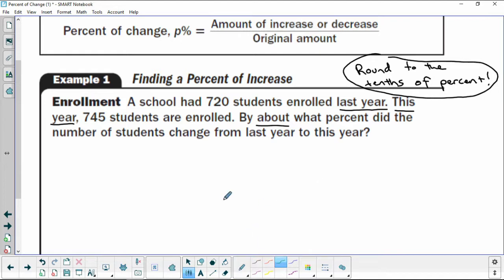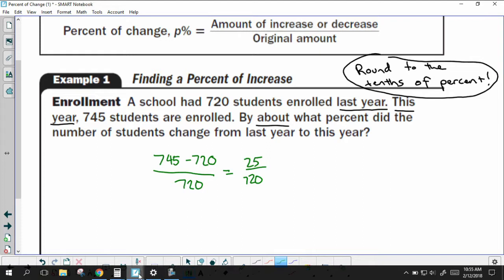So, I have to find the amount of increase or decrease. I'm going to take the bigger number minus the smaller number, and I'm going to make it a fraction over the original amount. So 745 minus 720, they increased by 25 students, and 25 students out of 720.